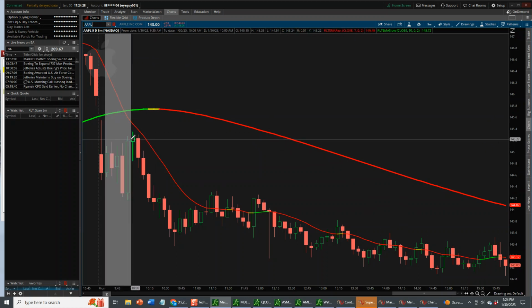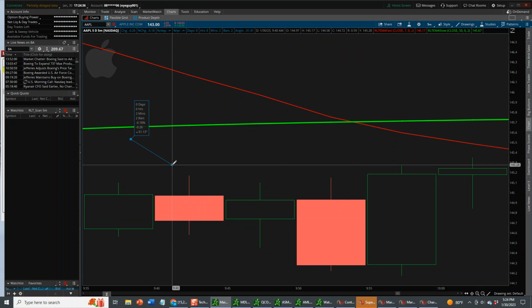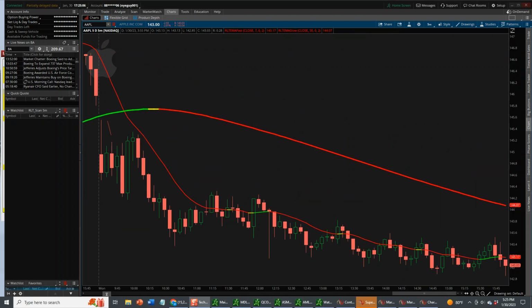Right here. There's Apple. Shorted here. Great trade to the downside.